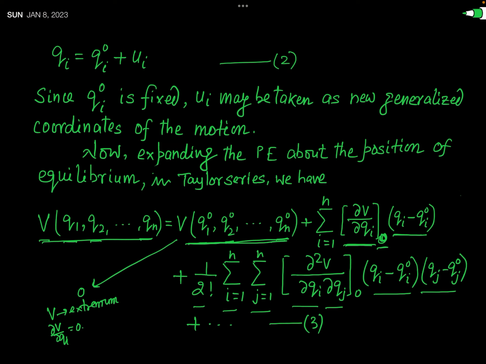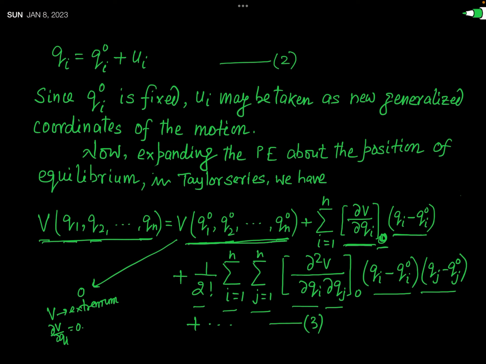So finally you can say that this V will be equal to this third term, which is 1 over 2 factorial, summation i from 1 to n, summation j from 1 to n, del 2V by del Qi del Qj at the equilibrium position, times Qi minus Qi0 times Qj minus Qj0. In fact, in this condition, this factor del 2V by del Qi del Qj at the equilibrium position will be a constant.